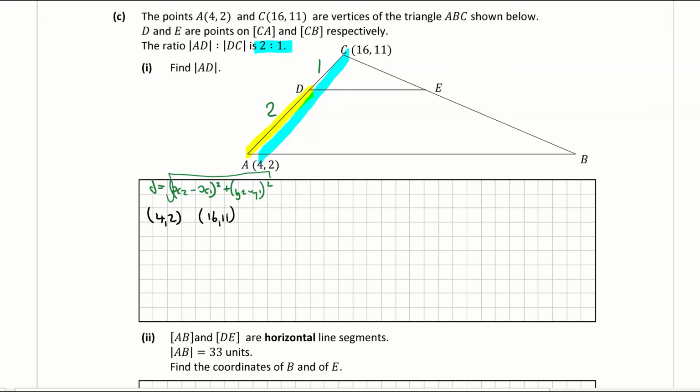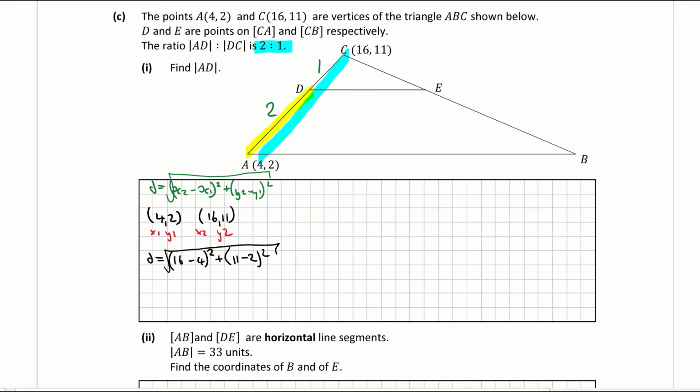Labeling those two points x1, y1, x2, y2, and subbing them into my distance formula, the distance between A and C is x2, which is 16, minus x1, which is 4, squaring that, plus y2 minus y1, squaring that, and then getting the square root of that value.